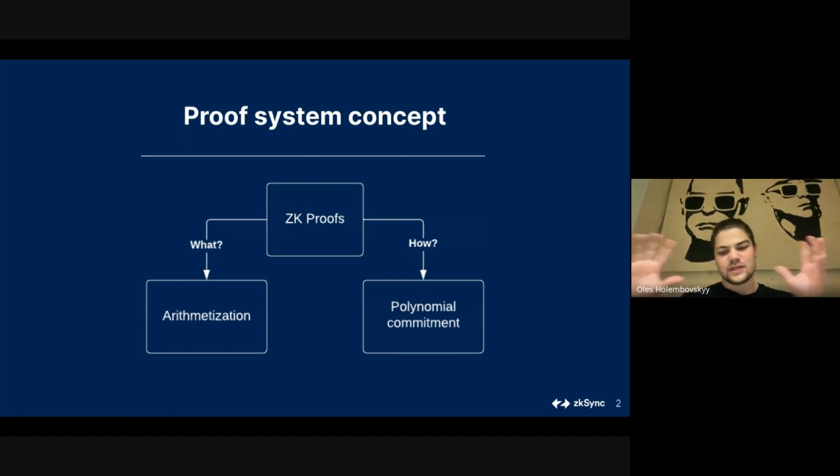For now we stick with FRI, and we are not going to talk about polynomial commitments. We are mostly going to talk about arithmetization. It's the more interesting, more engineering part, because polynomial commitments are mostly about math, and arithmetization is not so hard to understand and quite interesting.